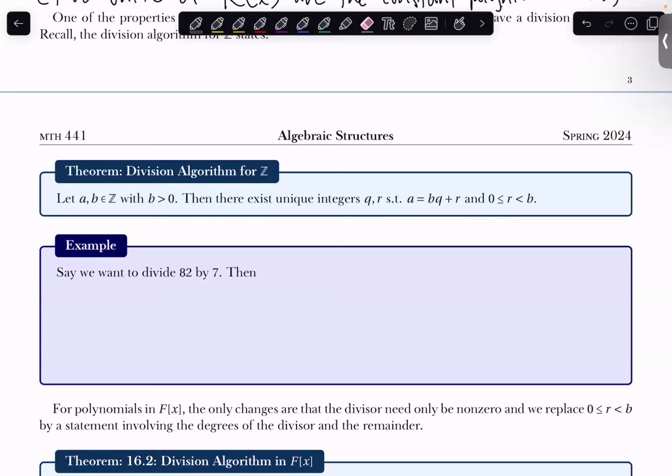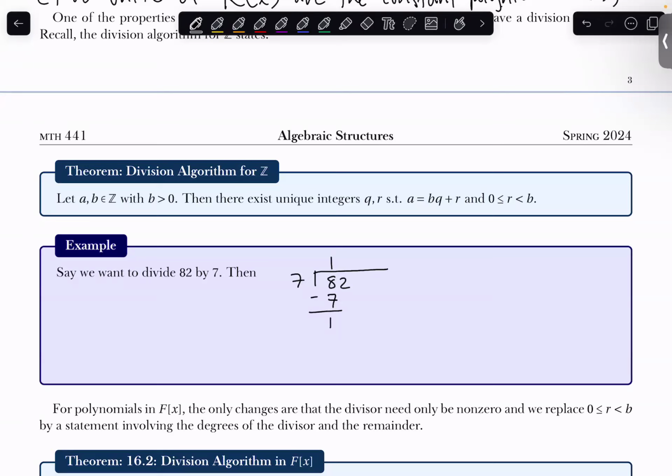Okay, so let's say we want to do 82 divided by 7. Here, we do our long division. We'll start from the left. We'll see 7 goes into 8 once. And then we'll do 1 times 7 and subtract this. Okay, and I'll get 1 back out. If my difference that I took here was 7 or bigger, that means I didn't pull out enough, right?